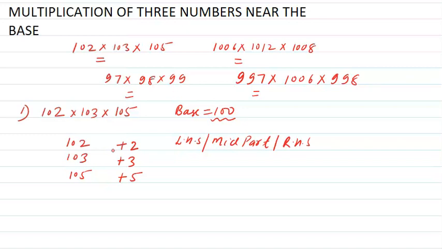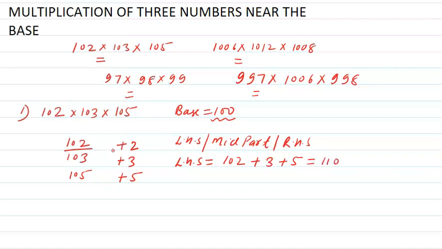Okay, now if I talk about how to calculate the left hand side part, to calculate the left hand side we take any of the numbers, like if I take 102 and then we add the surplus of the other numbers, like 102 plus 3 plus 5, so we are going to get how much? We are going to get 110.